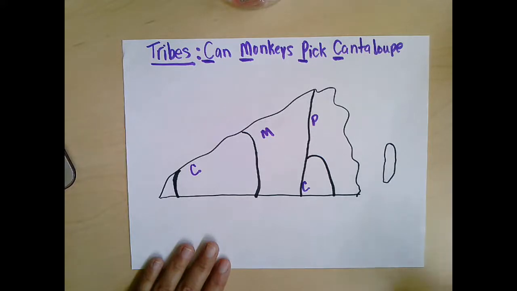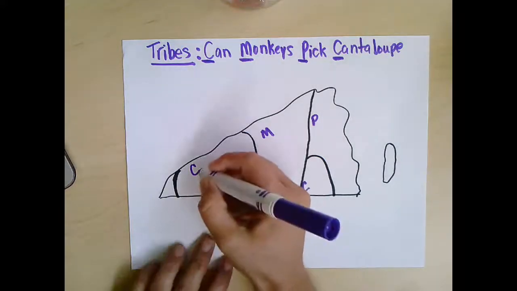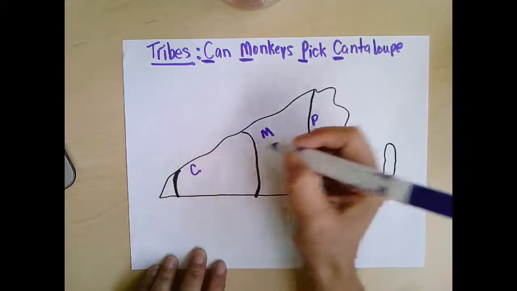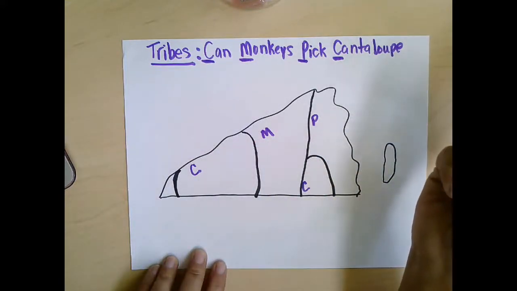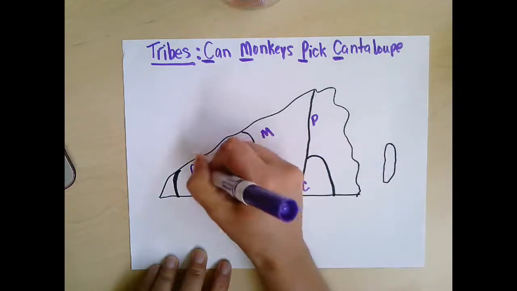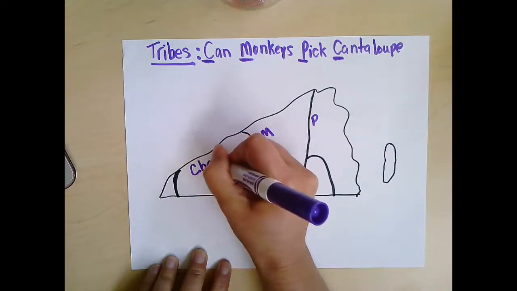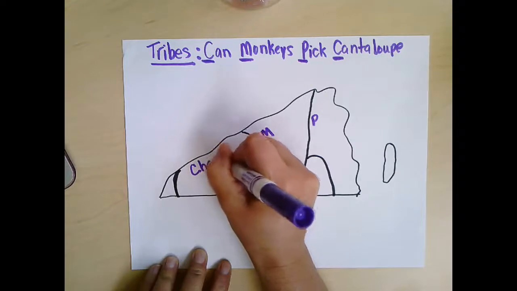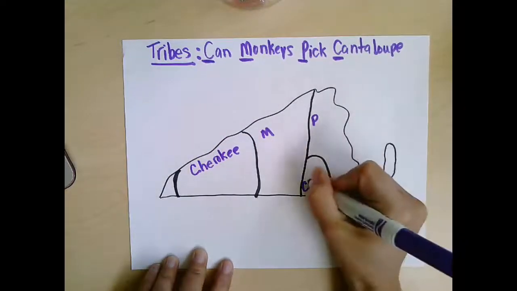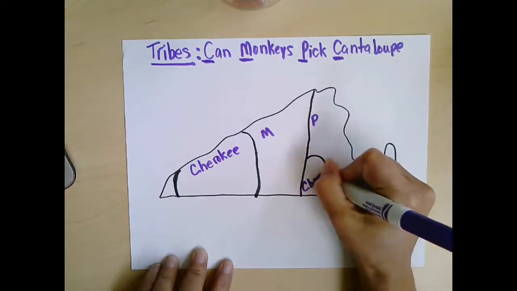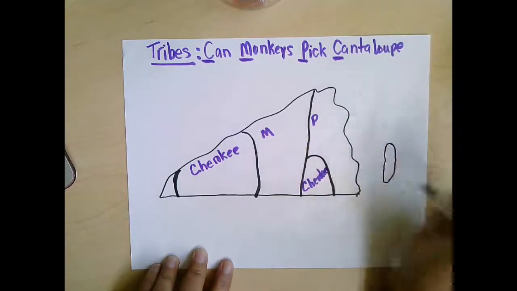Okay? Now, we have 3 different tribes that live in Virginia. One of those tribes is named the Cherokee tribe, and it lives in 2 different parts of Virginia in the southwestern part of Virginia. It is the Cherokee tribe. So they live in this section of Virginia and this section. Okay?